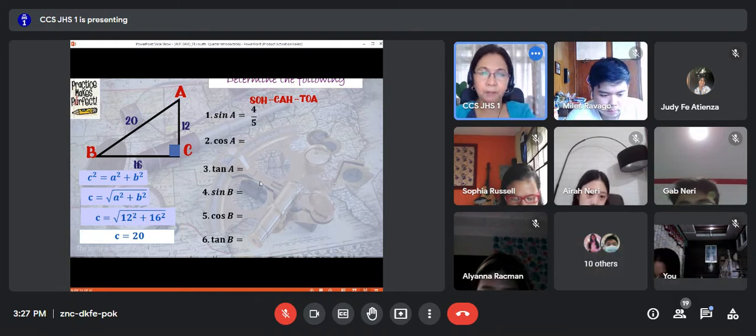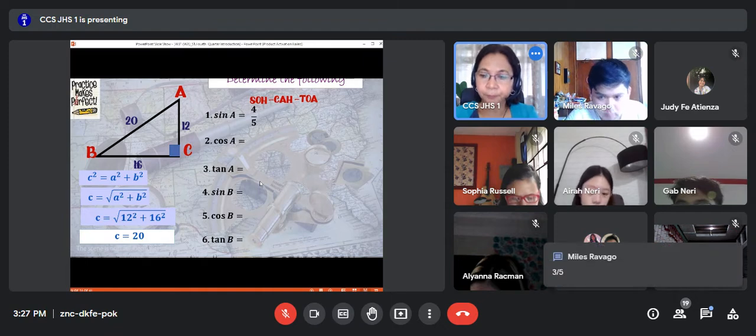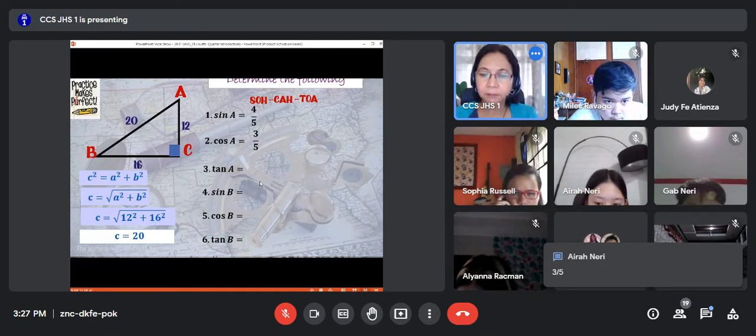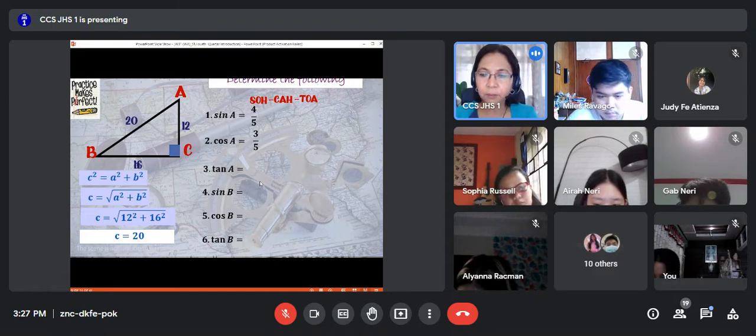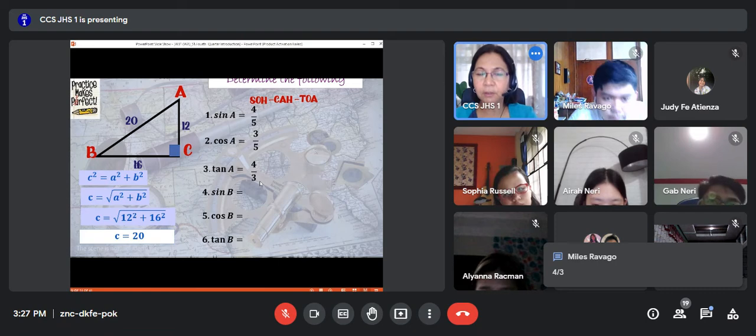That's correct. How about cosine A? 3 over 5. Correct. How about tangent A? Opposite over adjacent. It's equal to 4/3. Very good.